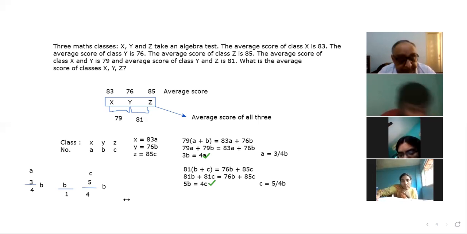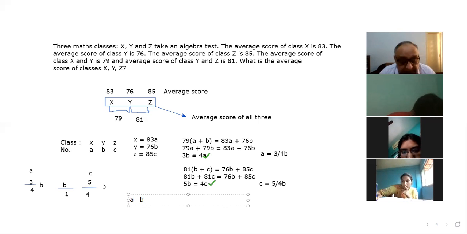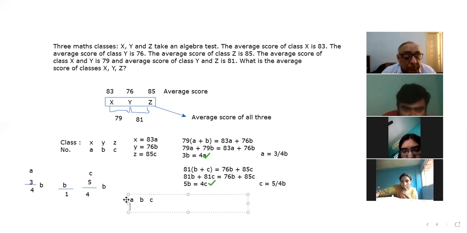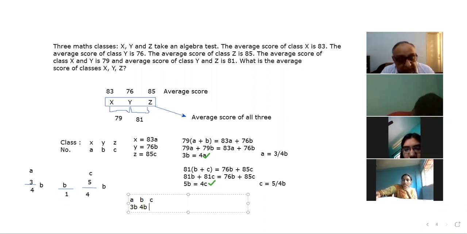So if I write here A, B, and C, the value of A becomes 3B, and B's value becomes 4B. If we solve this, 3B, 4B, and 5B, then the ratio of A, B, and C is 3:4:5.